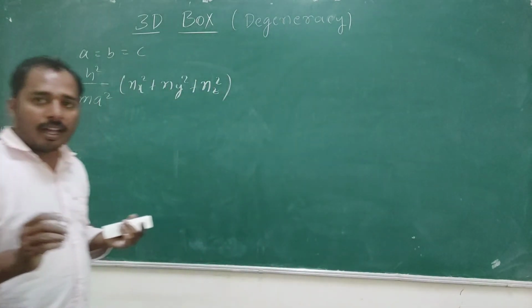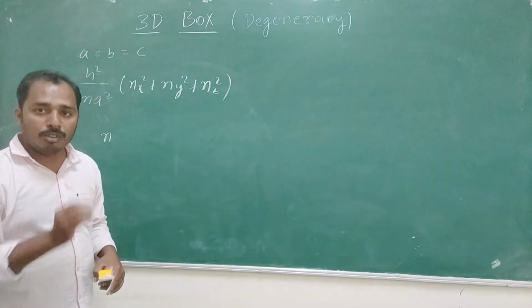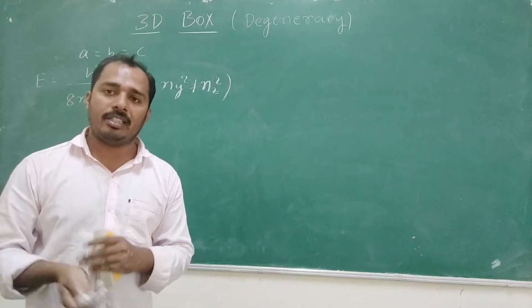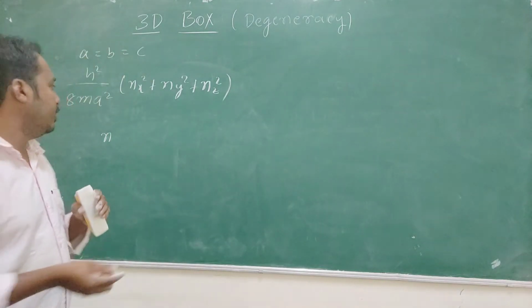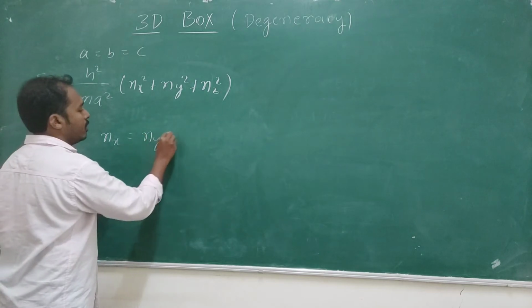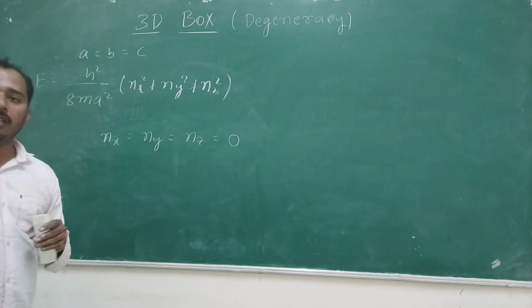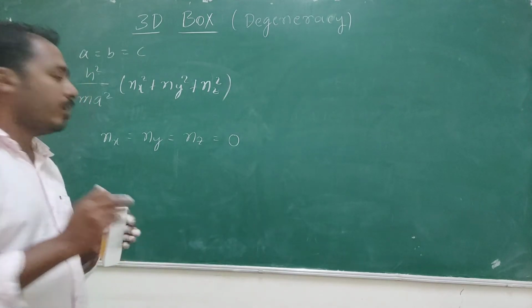So here I substitute the values of nx, ny, nz. Put nx equal to ny equal to nz equal to 0.